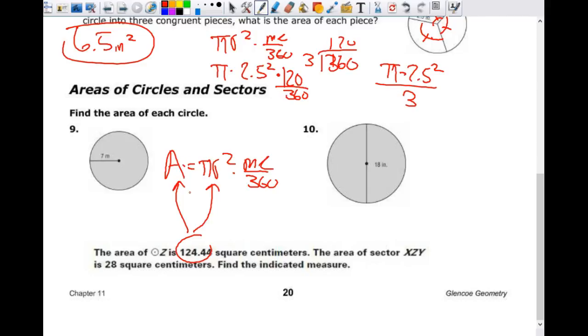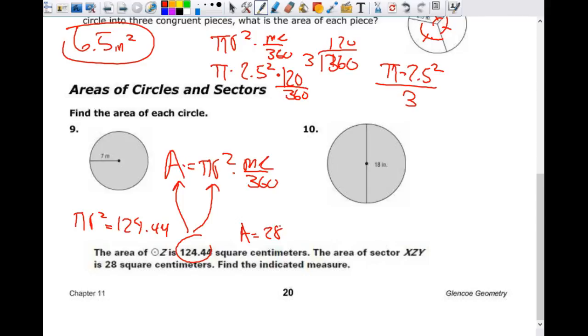We know pi r squared is equal to 124.44, because that's the area formula. We know A, the area of sector, is equal to 28. That's the tricky part, realizing that.